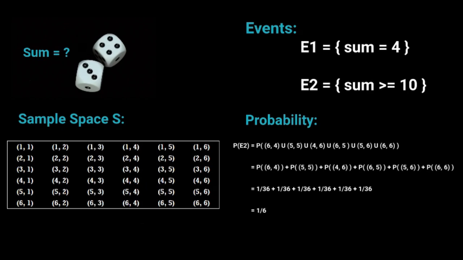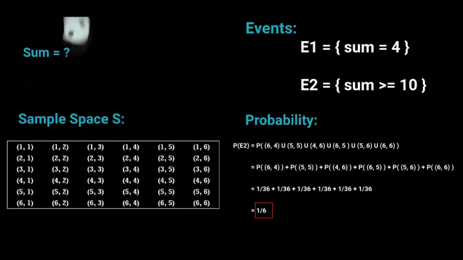Next, the probability of event 2 is the probability of the union of total 6 outcomes, where all these 6 outcomes give a sum greater than or equal to 10. Since the probability of each outcome is 1 by 36, after substituting that, we get the probability of event 2, where the sum is greater than or equal to 10, as 1 by 6.